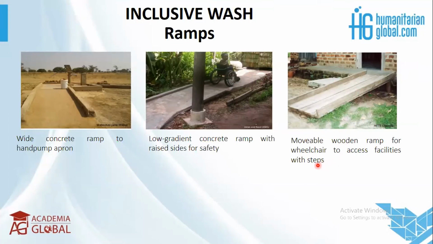So if you find that facilities have steps, you can use this movable ramp. It means even people who have a wheelchair, for example, should be able to access a facility. So these are what we call accessible technologies and modifications that you can make, even in our WASH programs. When you're doing your designs, you can look at how you can make the ramps, looking at the gradient and the width of the ramp.